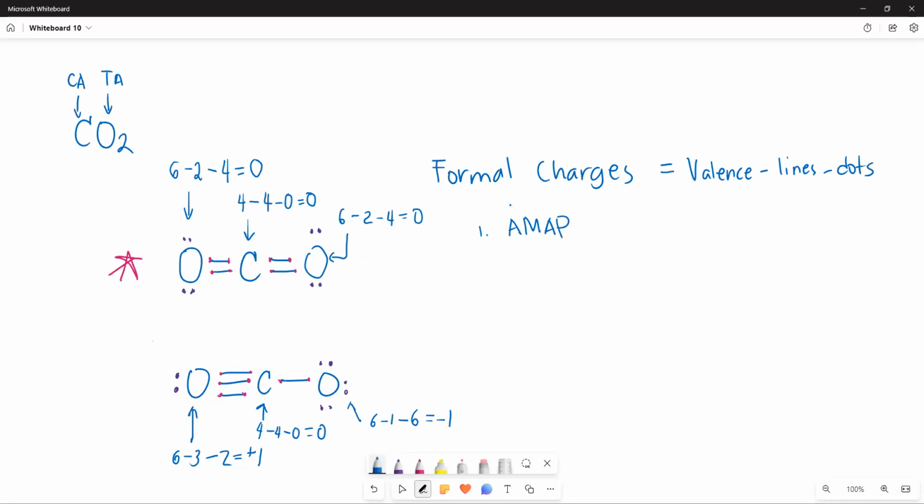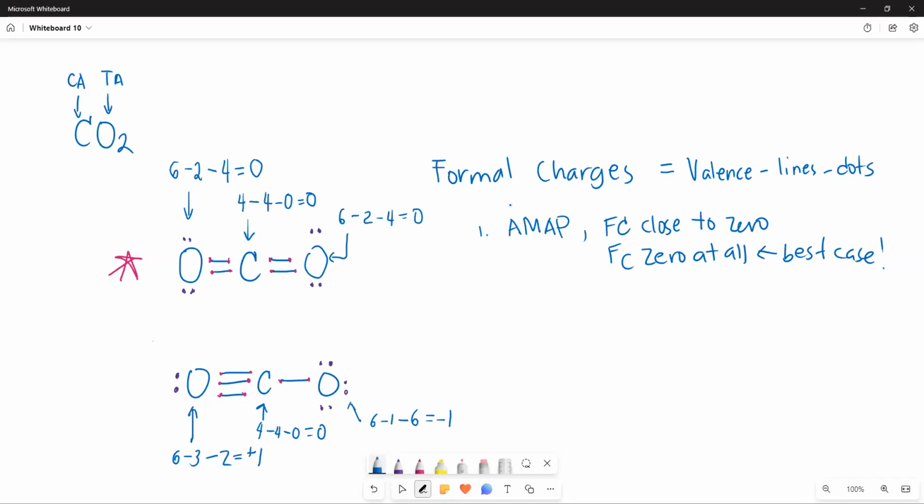As much as possible, we want formal charges to be close to 0 or at least 0 at all. So as much as possible, formal charges must be close to 0 or 0 at all. So this is the best case scenario. Right? For instance, in our CO2, 0 lahat ng formal charge, so we prefer that one.